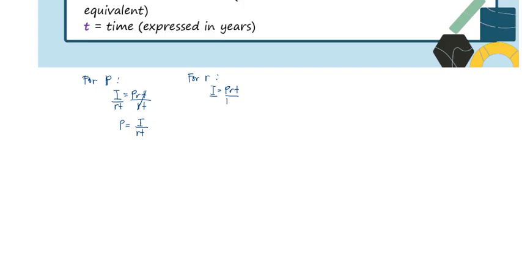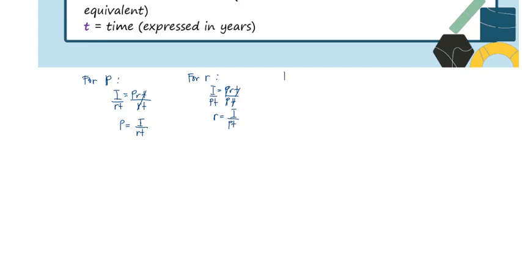So if we do that, we are going to divide both sides with PT. So if we do that, now we isolate R, which is the equated formula from the original formula for interest. So R is equal to I divided by PT if we are going to find for the rate of interest.